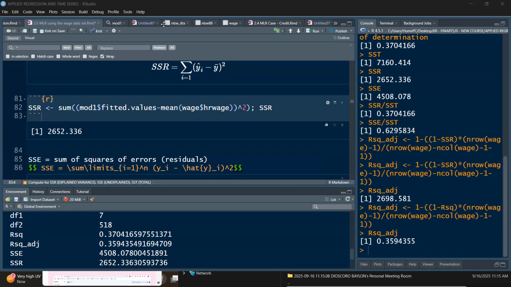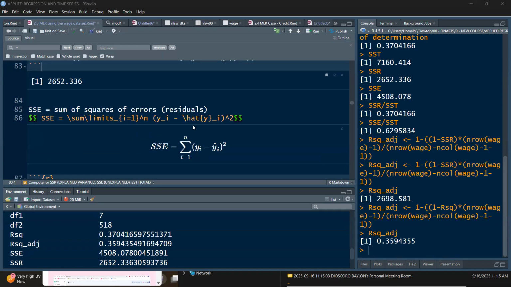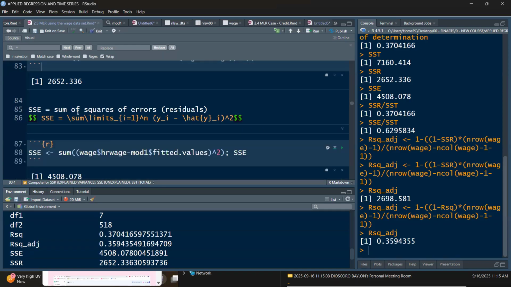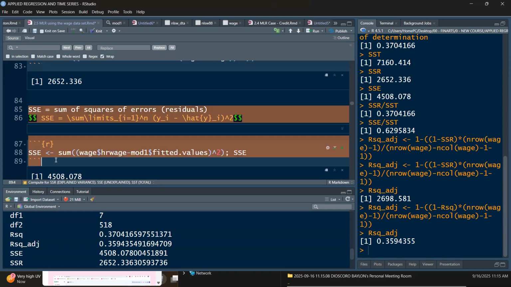Okay, so let's now go to SSE. Once again, if you were able to generate the 4508, kindly please chat.